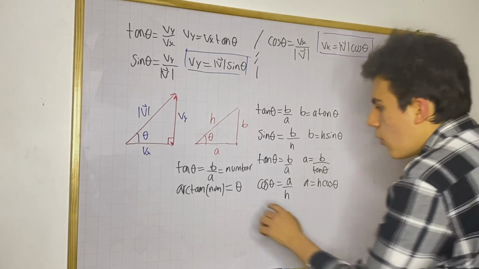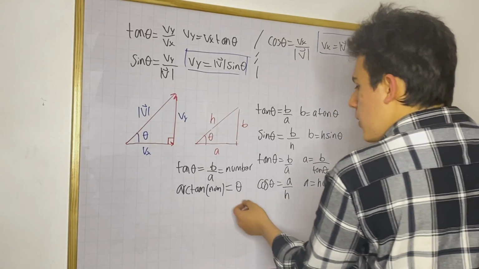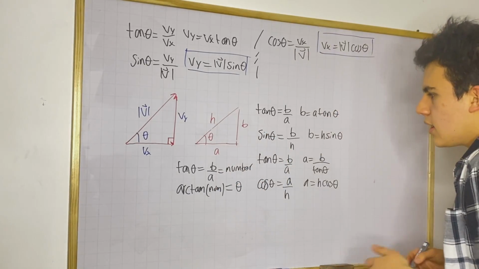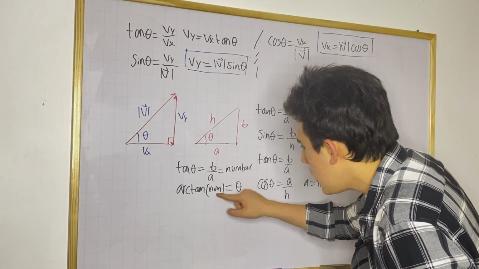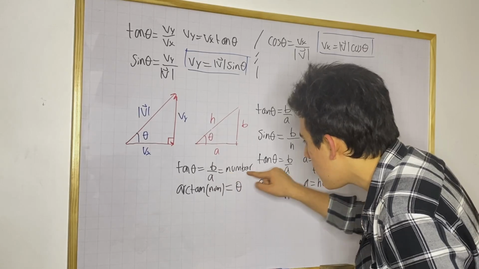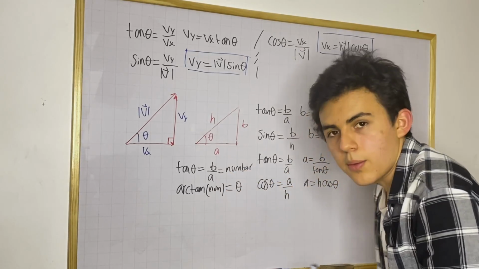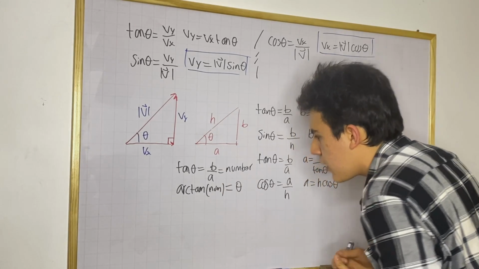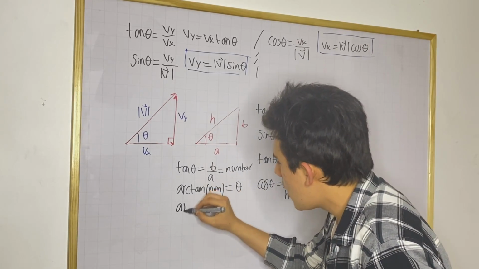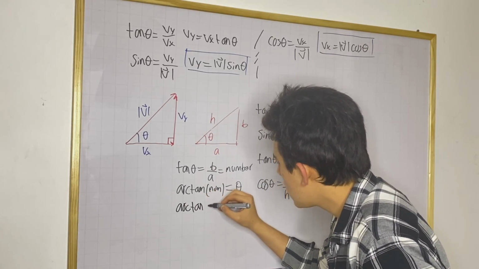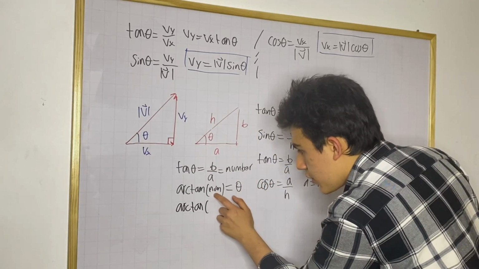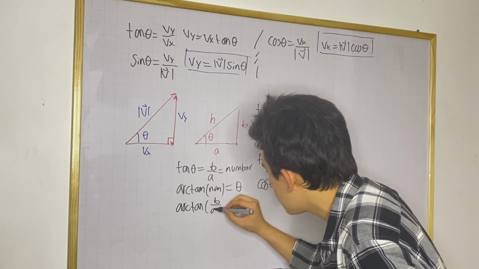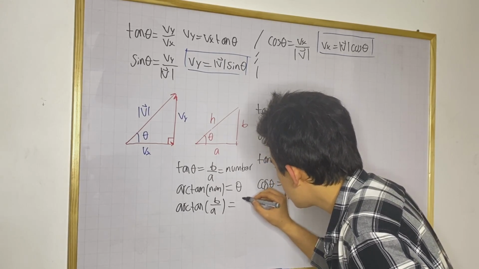Now, why is this important? Well, in this case, we just found theta for this triangle. Because we know number is equal to b over a, remember this is just logic in equations, if this thing is equal to this thing, that means we can write arctangent of whatever this thing is equal to, which is b over a. And this is equal to theta.